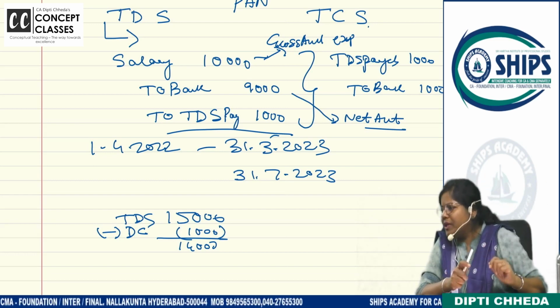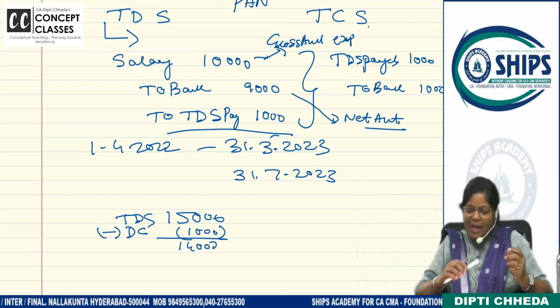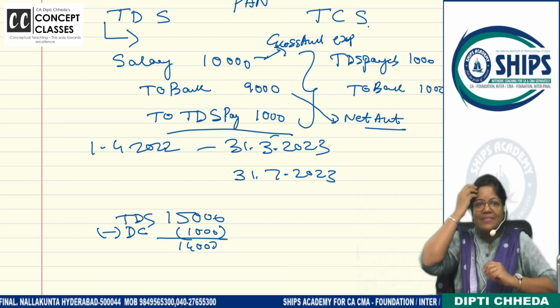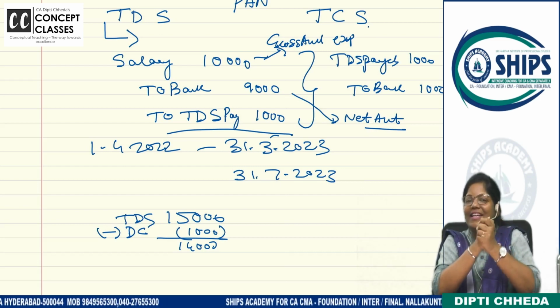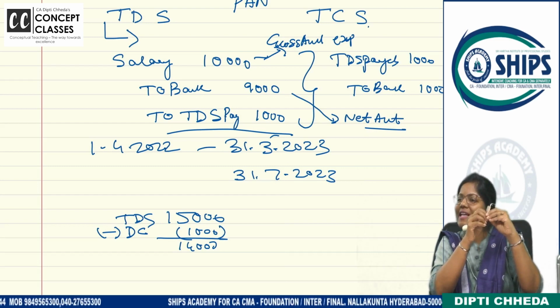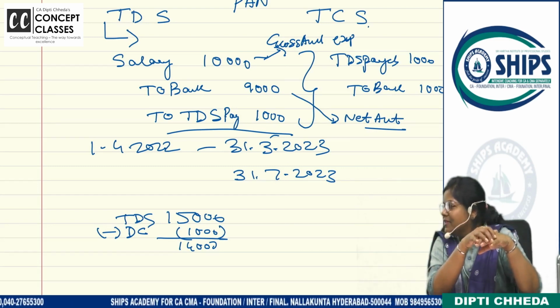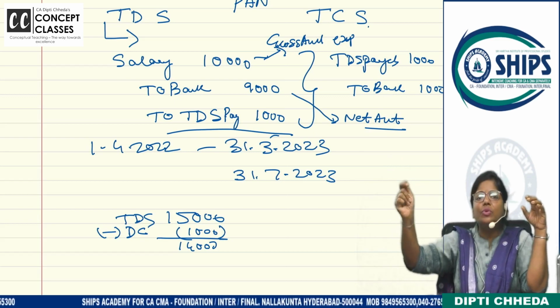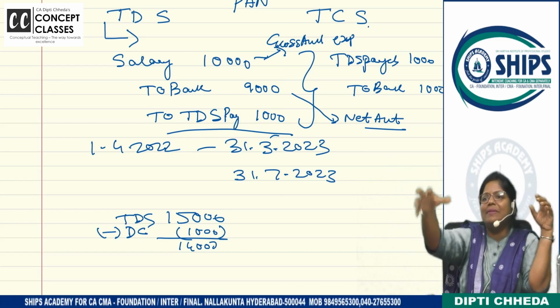Now coming to you, dear students, what is your income? क्या पता? अगर 9,000 बोलोगे तो 1,000 की तो गूगली है, किधर गया 1,000 रुपये? What is your income? 10,000. 9,000 you received. 1,000 is deemed to be received.